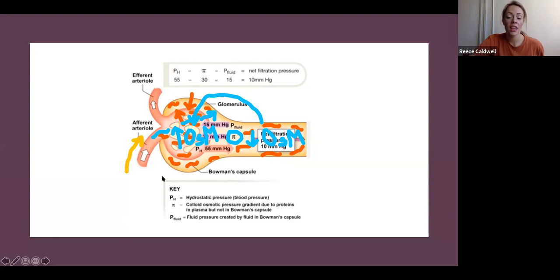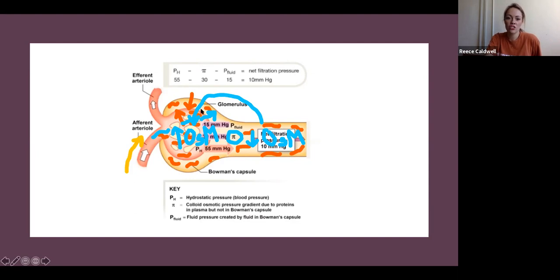We know that molecules in our body like to move from high to low. Therefore, we're acting as a resistant force here, because whenever there's fluid outside of the glomerulus, it's exerting pressure onto the vessel walls. So it's resisting that gradient. So that's one of those reasons how we move blood from the glomeruli into the Bowman's capsule.